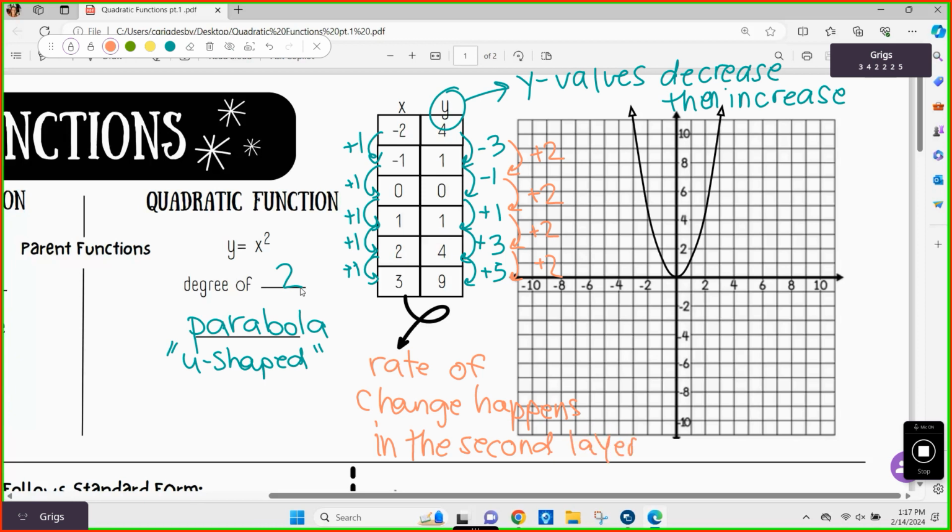So if you were given a table and asked, does this represent a quadratic function? You'd find the rate of change, and then you'd find the second rate of change happening on the y value. The rate of change of rate of change.